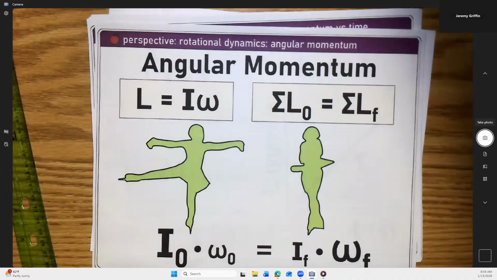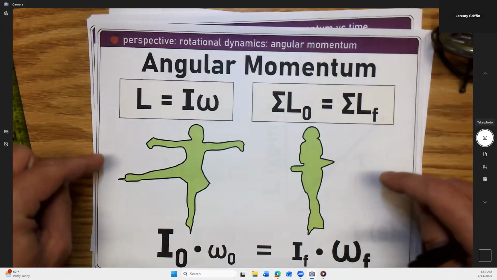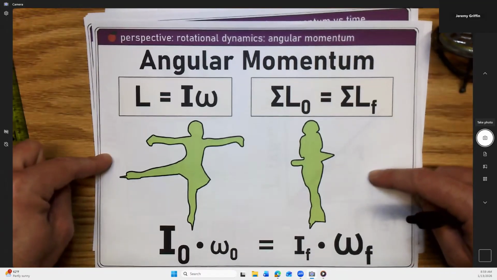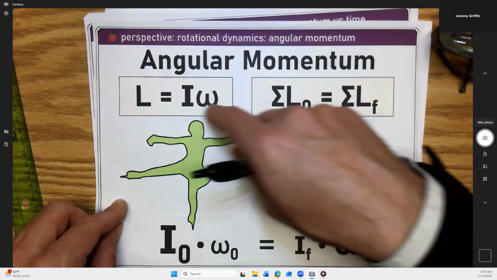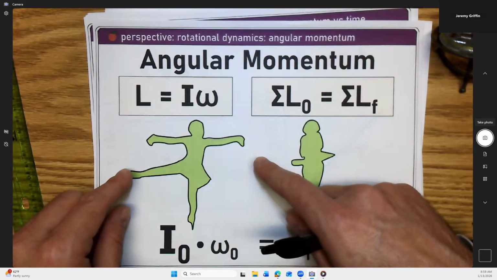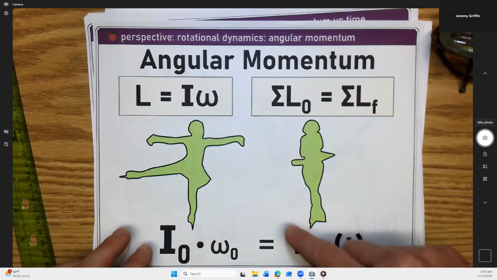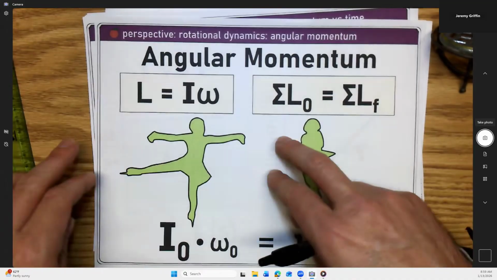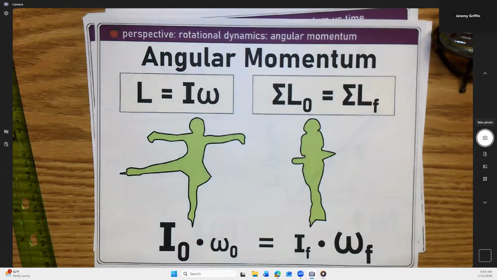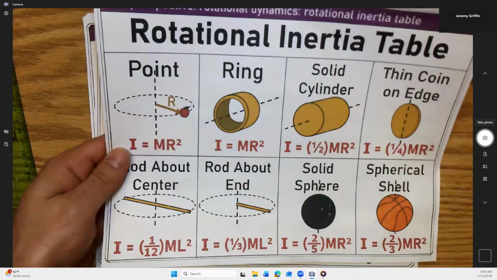Up here. All right. So guys, when you watch figure skating in the Olympics coming up pretty soon, say there's an ice skater that goes into a slow rotation, and they bring their arms in. Now, when they had their arms out, their mass was distributed far away from the axis of rotation. It kind of reminds me of something like this, doesn't it?